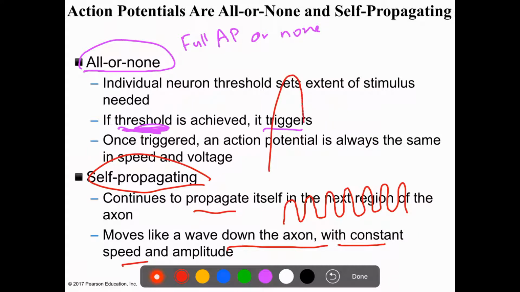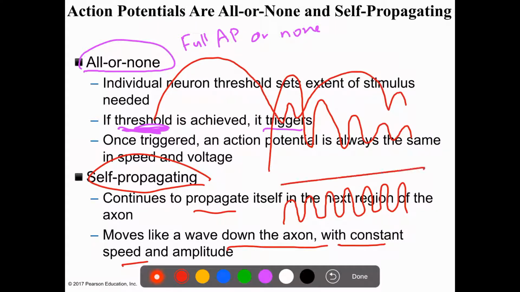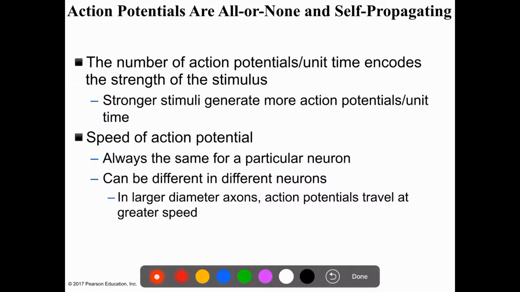You won't see the intensity hammering down, or a long, then short, then long, then short action potential. No. It always maintains its intensity, its speed, its time. Everything is identical within the action potential.